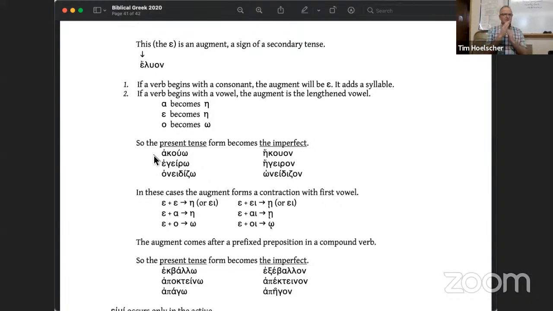But if you have a consonant at the beginning and you add an augment, which is going to be a vowel in the beginning, that's adding another syllable. So you go potentially from three syllables to four syllables. Or luo, you're going to go from two syllables to three, because luo technically would be two syllables, one with the omega and then the lambda with the epsilon.